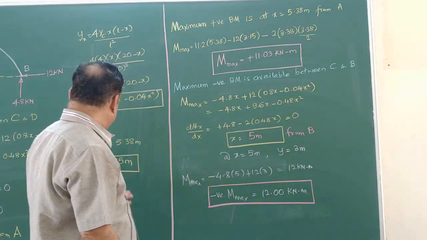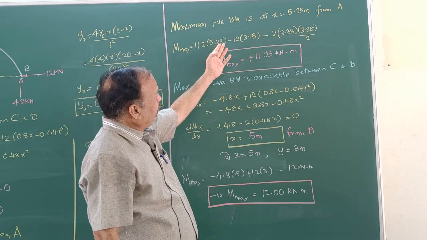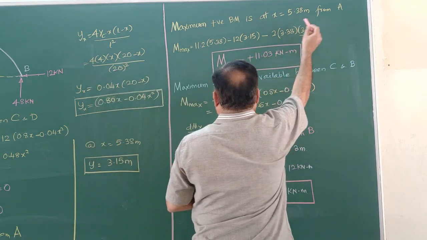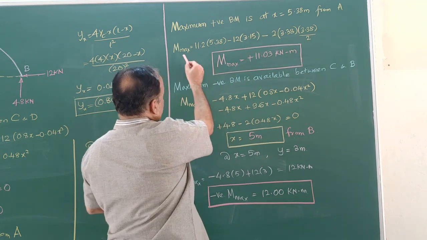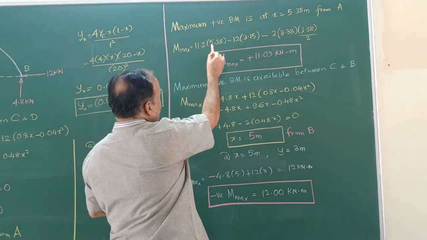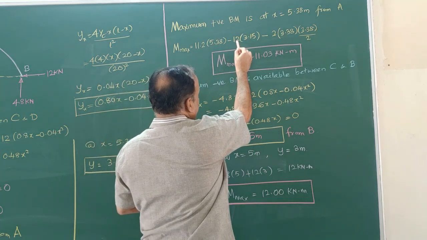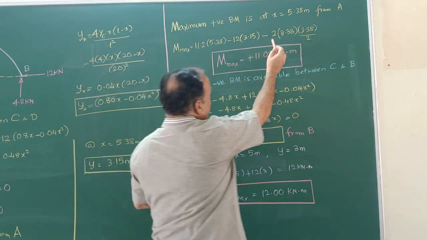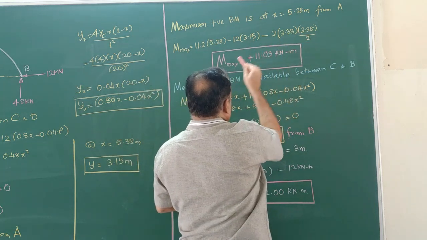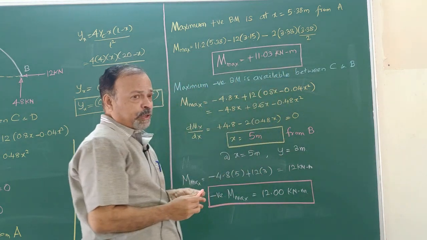After calculating x and y, let us calculate the maximum positive bending moment, which is available at x equal to 5.38 meters from A as calculated earlier. So Mmax will be equal to reaction into distance, that is 11.2 into 5.38, minus moment due to horizontal thrust 12 into 3.15 and moment due to UDL, that is 2 into x by 2. So we get the maximum moment as 11.03 kilonewton meter.